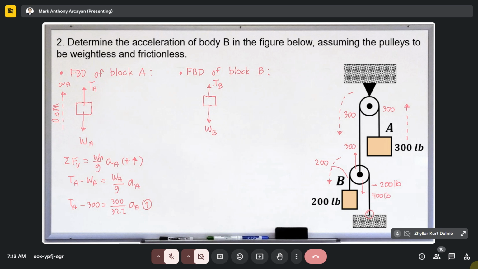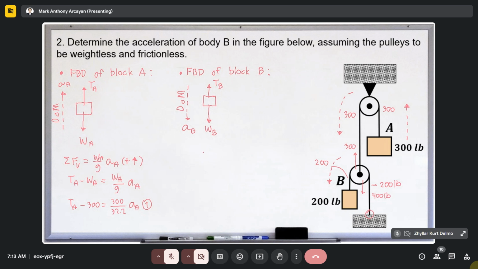We are going to denote this as TB. And from our static analysis earlier, we found out that this block B will move downward. Therefore, its direction of motion is downward. And this would be the direction of its acceleration, labeled a sub B.